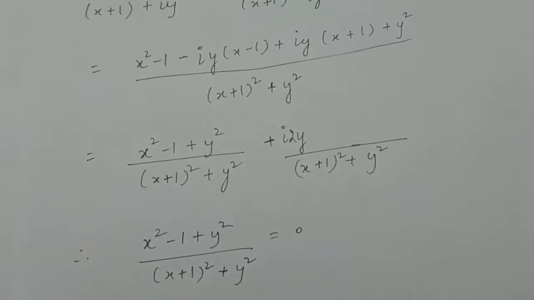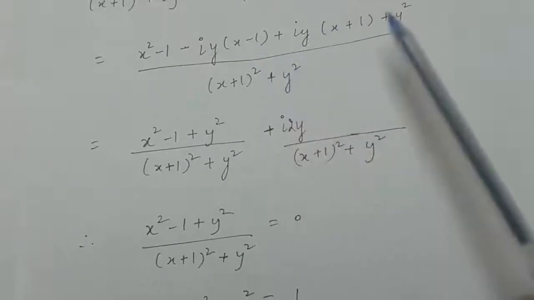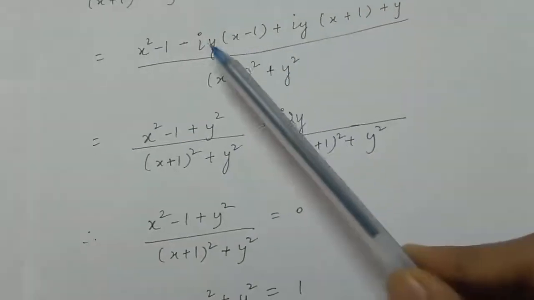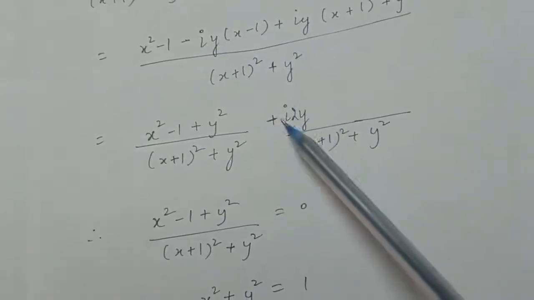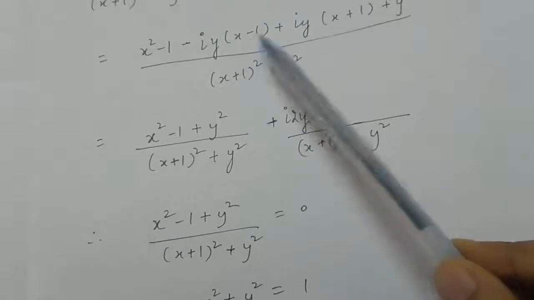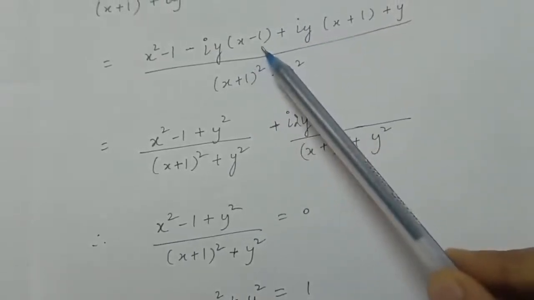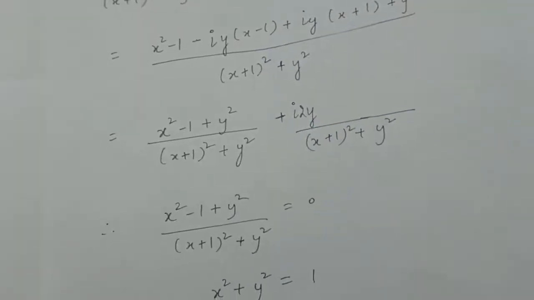Now take the real part together and imaginary together, so real will be (x square minus 1 plus y square) upon the denominator, plus imaginary will be iota, take iota y common, plus iota y, then you will get (x plus 1) minus (x plus 1), so it will be 2 divided by the denominator.